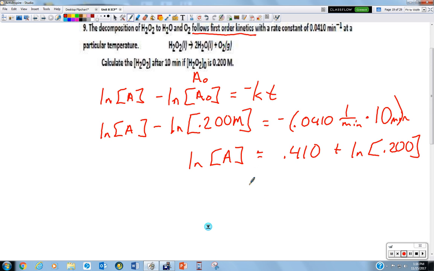So what is ln of A? 0.0410 times 10 is going to be 0.41, but it's going to be a negative. You forgot this was negative. It should be negative 0.410.